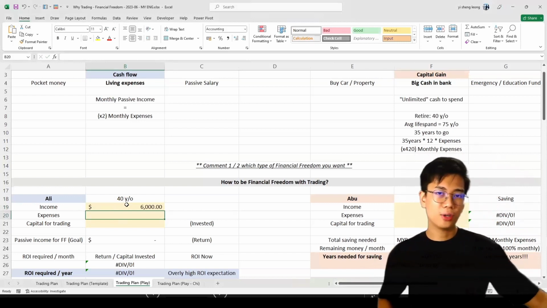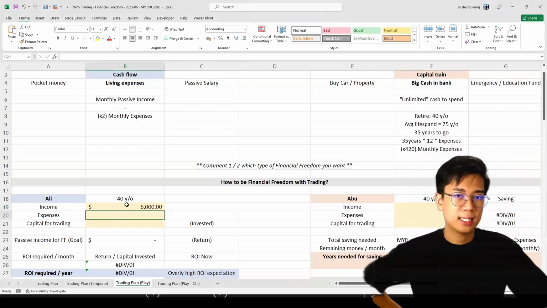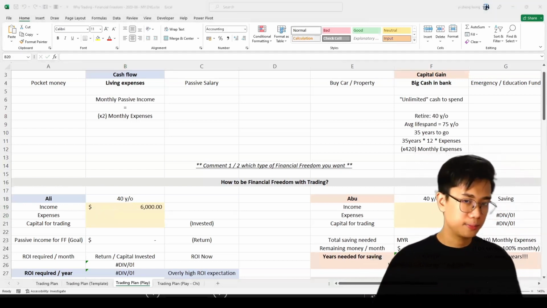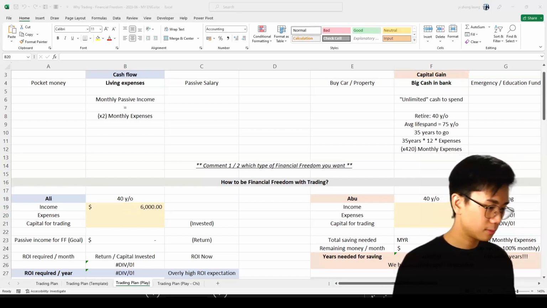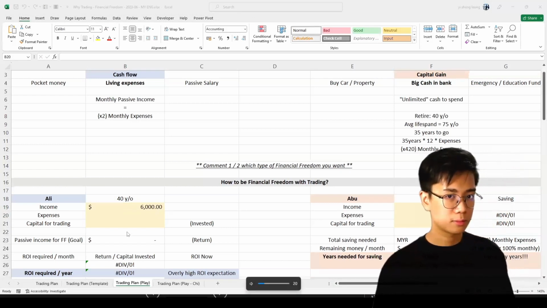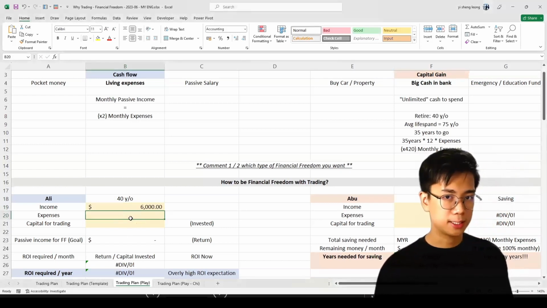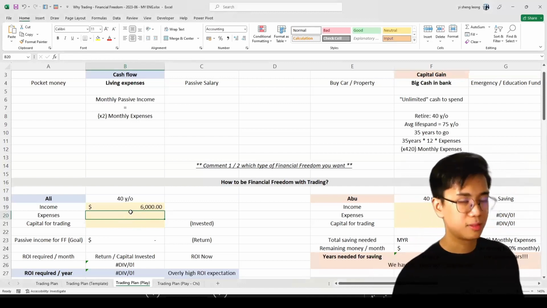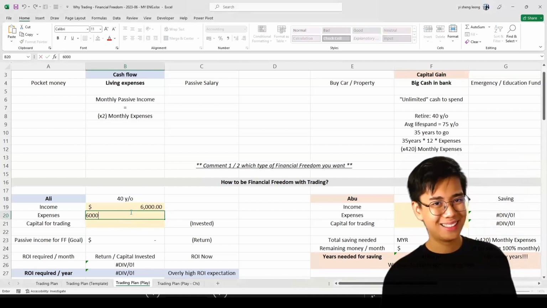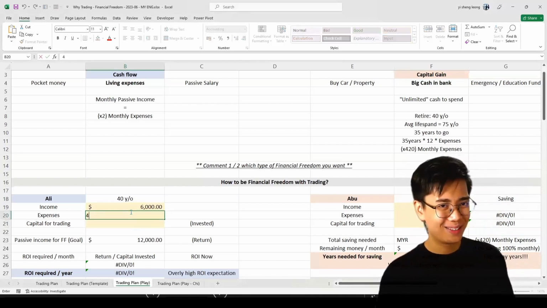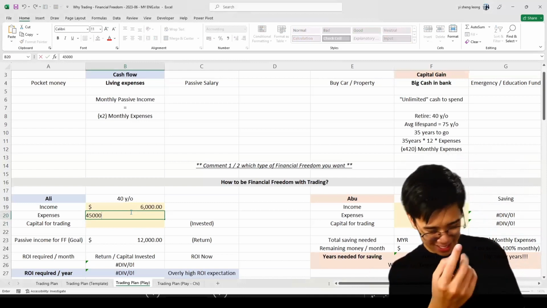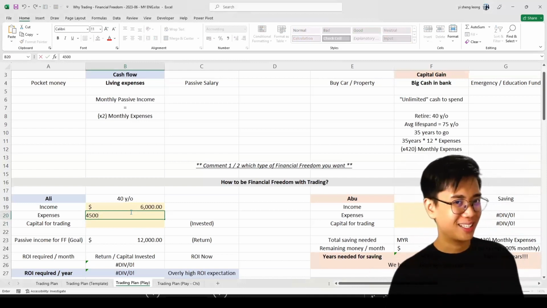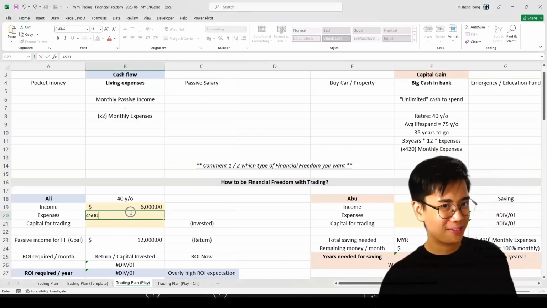Okay, so for 40 years old people with an income of 6,000, how much are their expenses? 4,500. Got children? Let me think. Got children. 5,500.